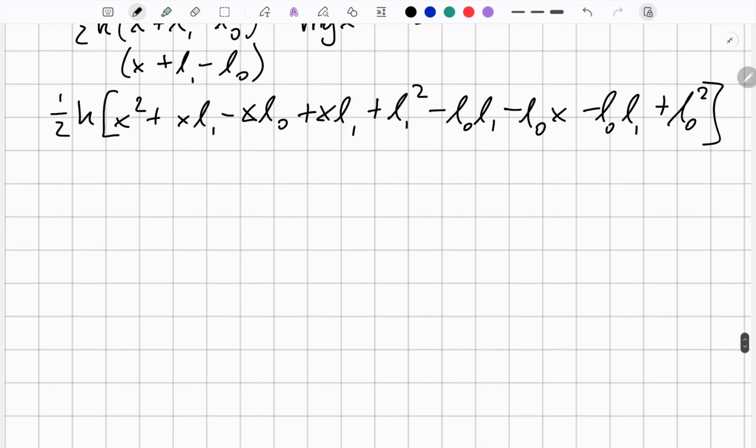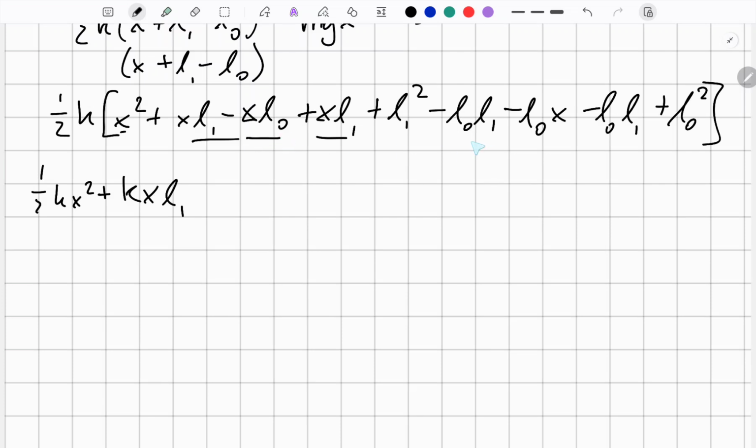Okay, so grouping things here, we're going to end up with a 1/2 kx squared when we distribute that out. And then we can group some things together. These two, the 1/2 is going to go away, times that 2xL1. We're just going to end up with kxL1.